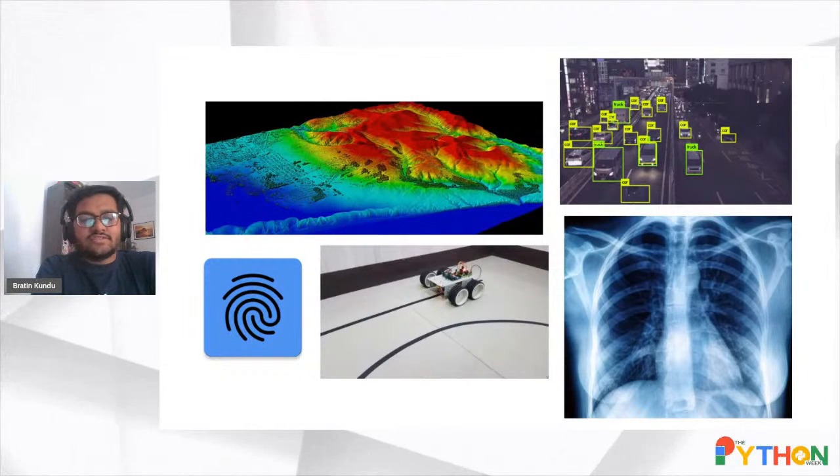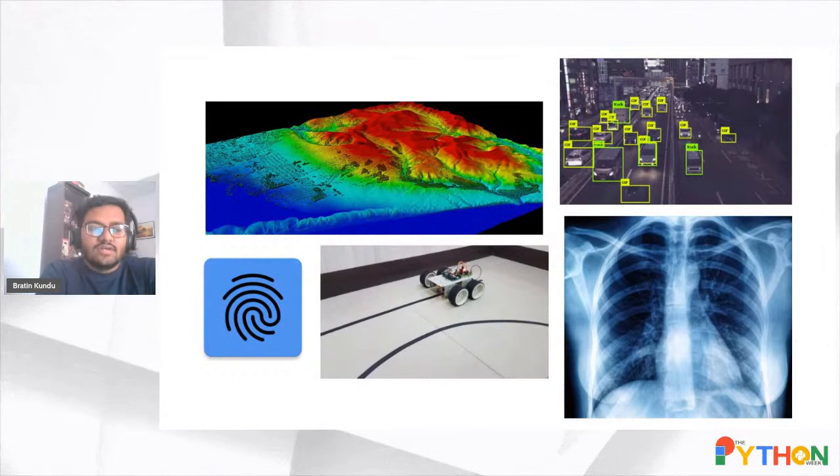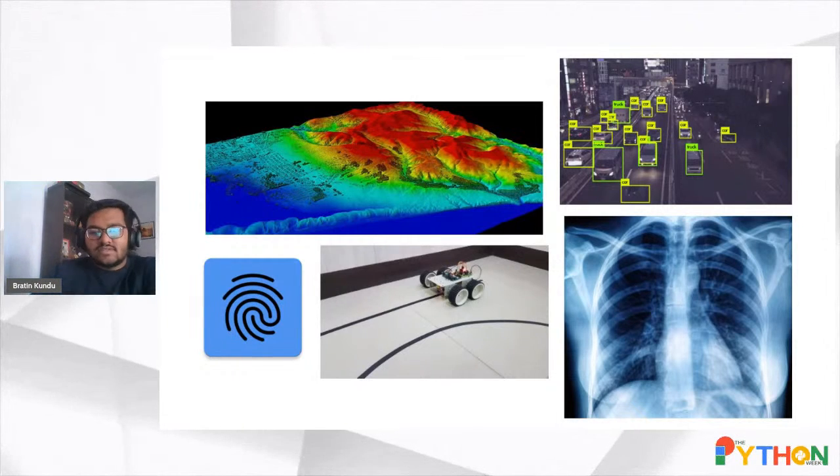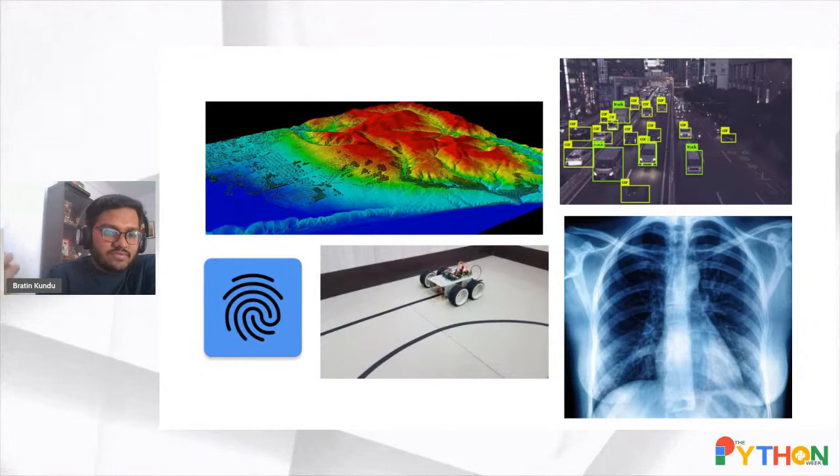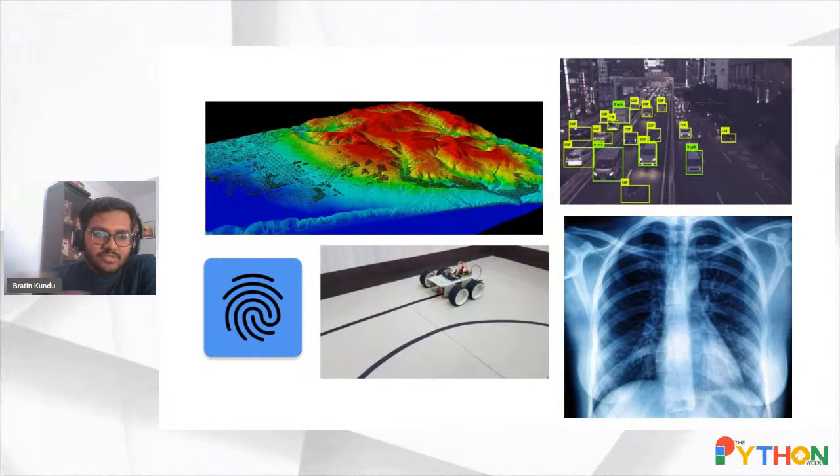So X-rays in the field of medical, you have X-rays that are being used here. One of the applications with OpenCV as well. Then object detection, as you said. The line following robot is one of the applications.